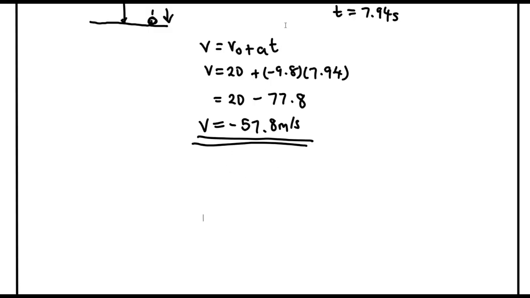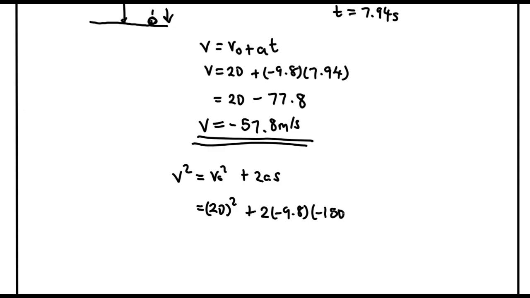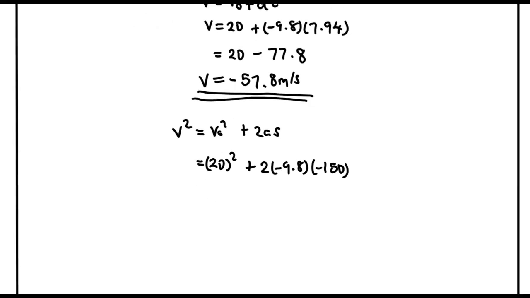Because of all the information we have, we can also use the equation v squared is equal to v naught squared plus 2as. Our initial velocity is 20 squared plus 2 times negative 9.8 and negative 150 is our displacement when it hits the ground.